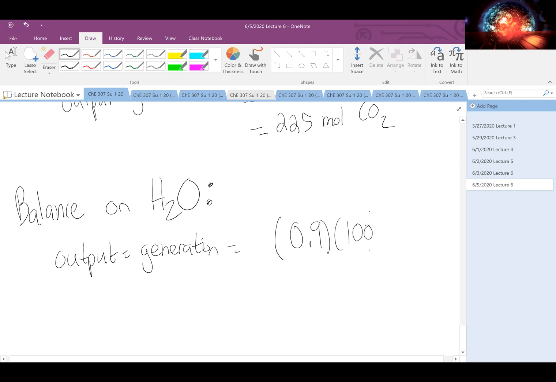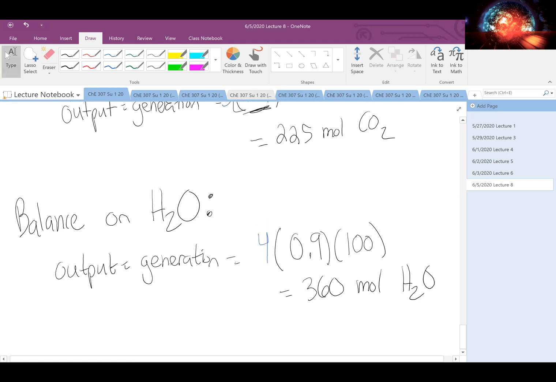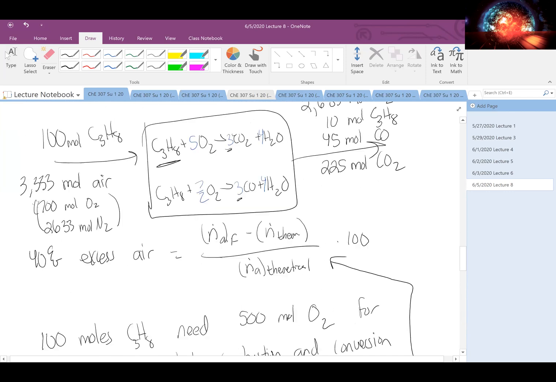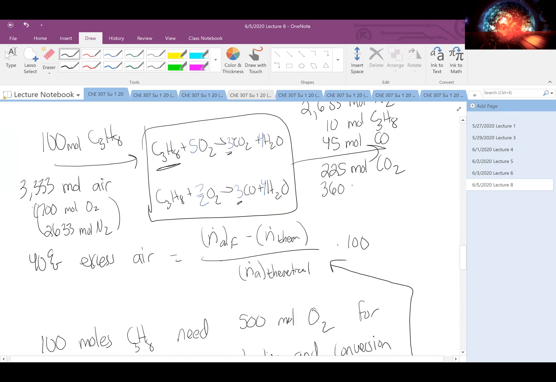So since I have 90% of the propane being consumed, I can just state 90% times 100 times 4, which should give me 360 moles of water formed. So I can go back to my drawing, state 360 moles of H2O being produced.